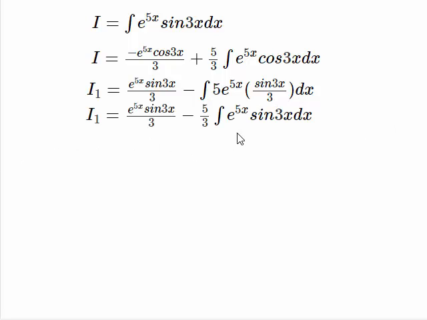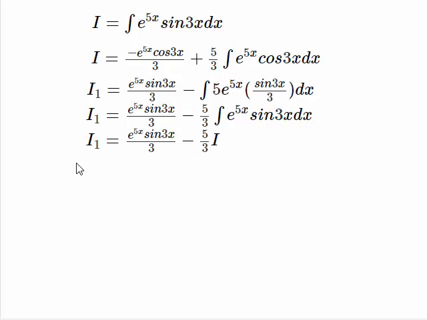And we notice that we've got e to the 5x times sine 3x, e to the 5x sine 3x, which means that this is equal to I. So we can substitute that into the expression. So I1 is equal to e to the 5x sine 3x over 3 minus 5/3 of I.